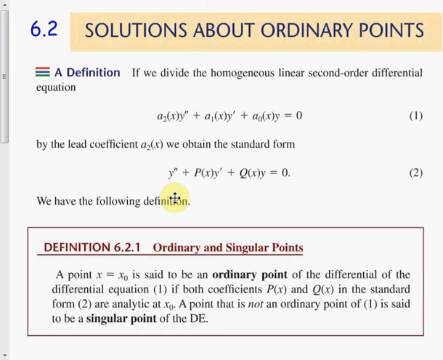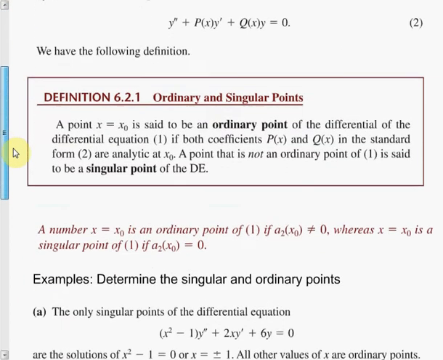So let me scroll down and just show you the difference, and then we'll move on. Today, just based on the header of this section, solutions about ordinary points. If we can determine that a particular value x naught is an ordinary point, then we have a theorem that tells us that we should be able to find so many solutions if we evaluate the differential equation about a so-called ordinary point.